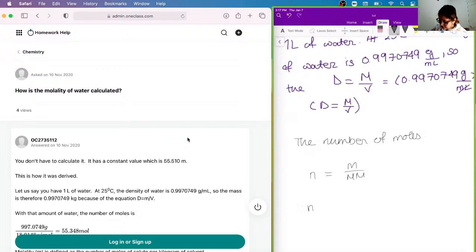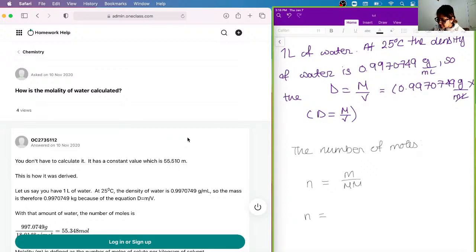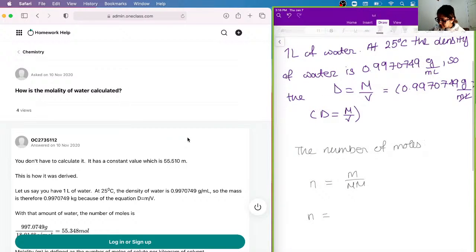Since our molar mass is grams per mole, we would work with grams, so we convert this into grams by multiplying by 1,000. You would get 997.0749 grams. And since water is H2O, right?